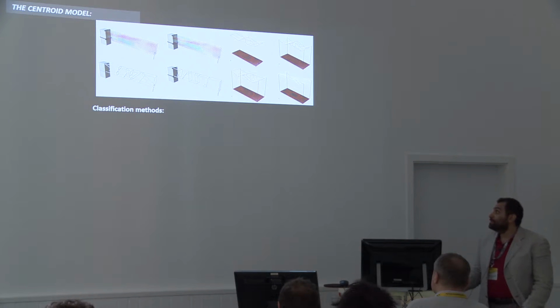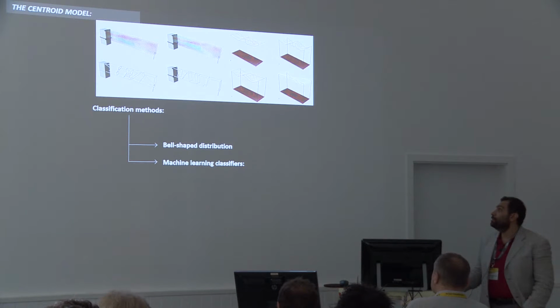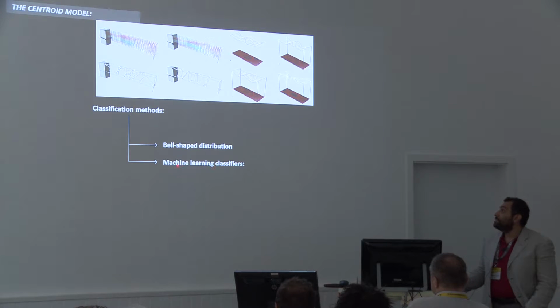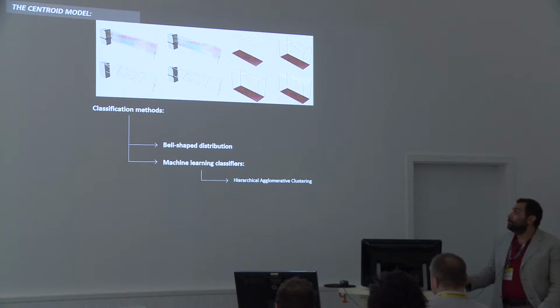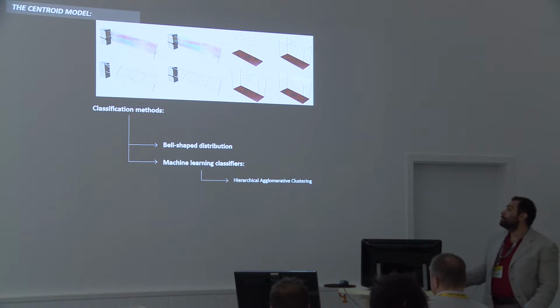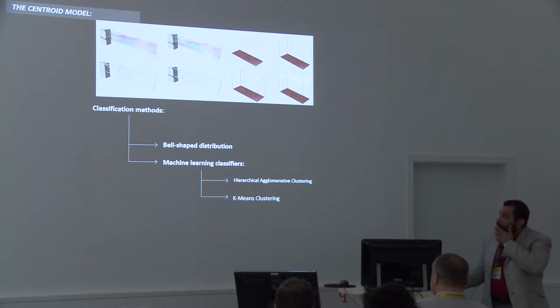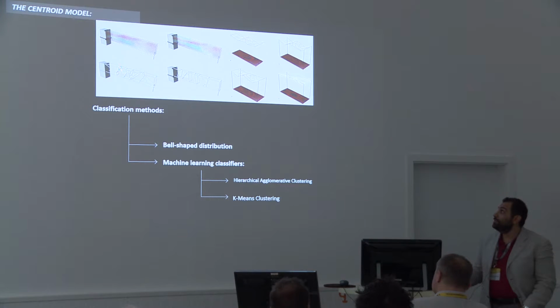This classification procedure is made by 2 main themes. The first is a bell-shaped distribution. It's very simple computationally, but it has its drawbacks, and we are going to investigate it in more depth. The other is machine learning classifiers. The reason we were interested in machine learning classifiers was that when I tried to implement this clustering theme, I didn't use the bell-shaped distribution.